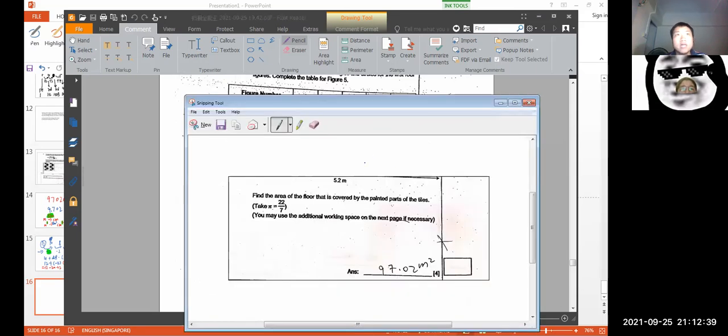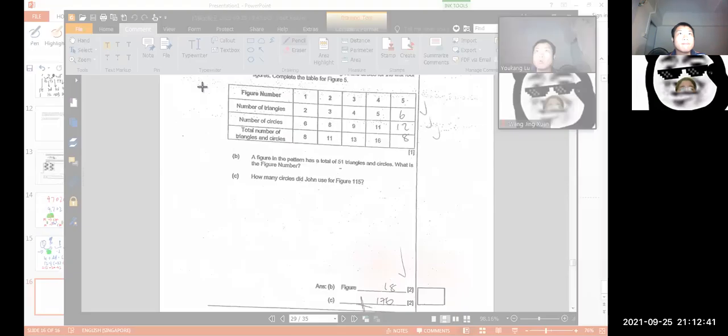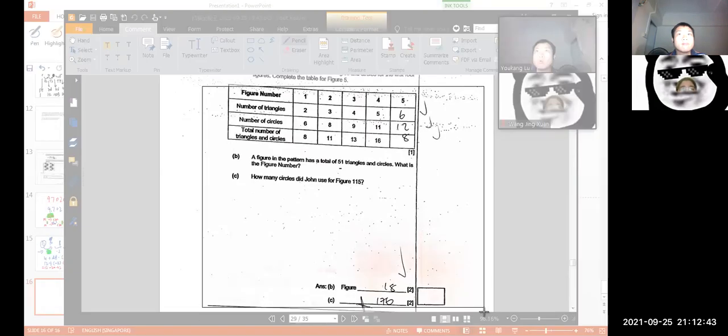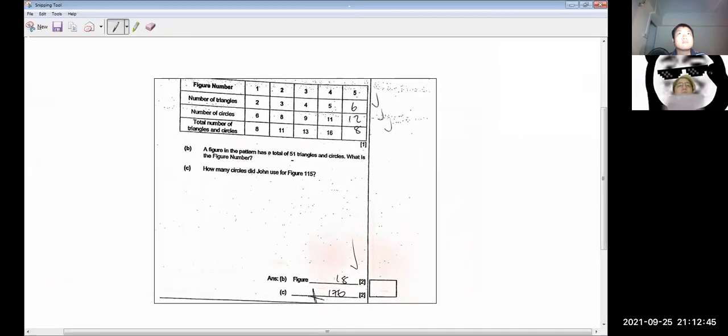Just now it's 8, 3, 8, 3. So now it's 2, 1, 2, 1. Okay. Very good. Practice this. If you can get this answer, it means you master the concept just now. This is a more advanced number pattern question.